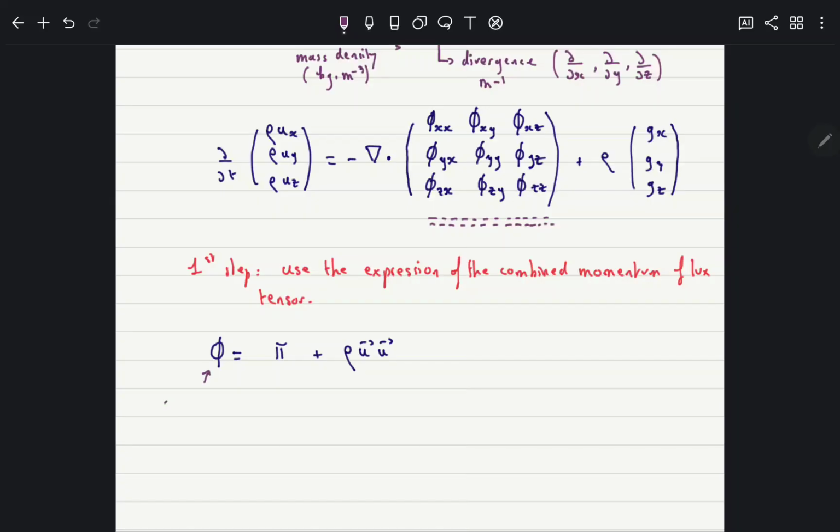So this is actually the combined momentum flux.